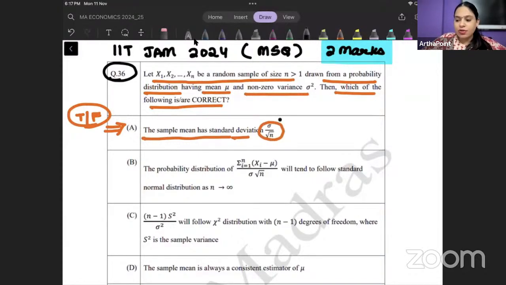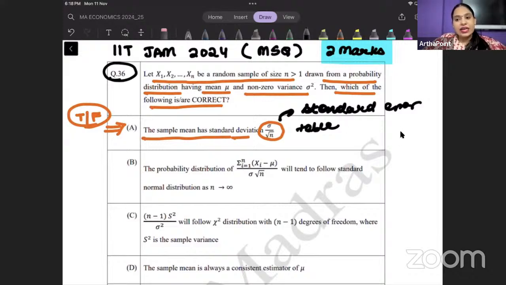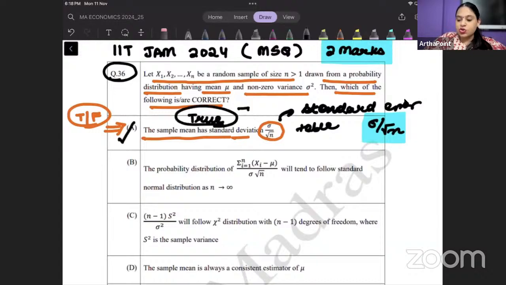You remember, I had given you a standard error table or standard deviation table. And in the standard error table we had made, we had written that the sample mean will have standard error or standard deviation of sigma by root n. So yes, this is a true statement. So A is correct.